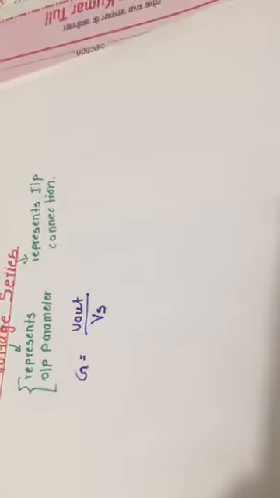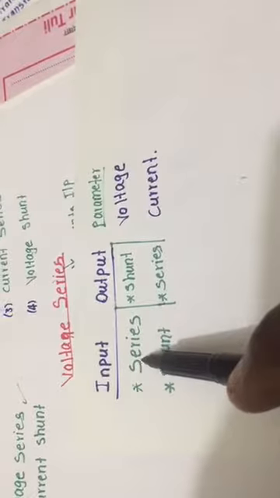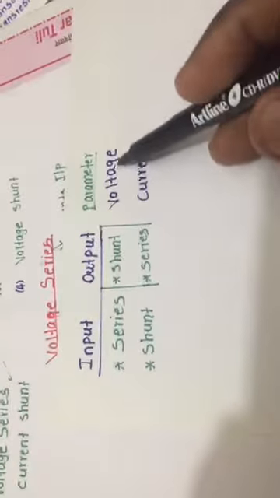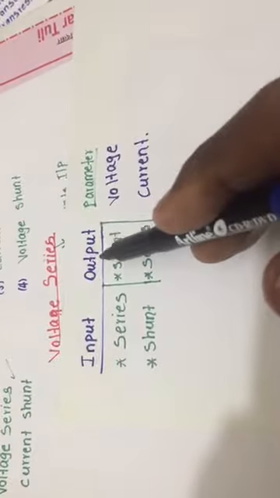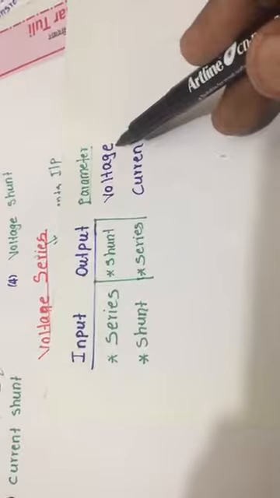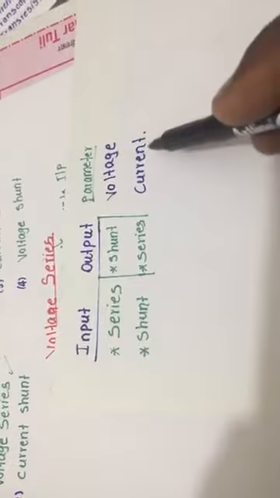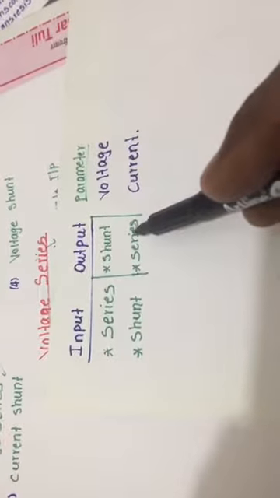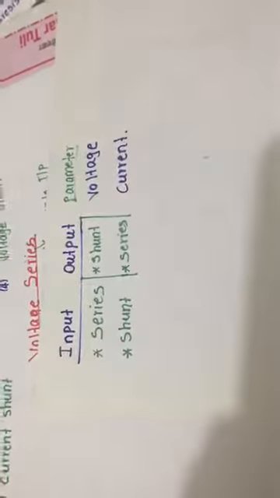In simple form: whenever your input is series, you have a voltage parameter; whenever your output is shunt or parallel, your parameter is also voltage. Whenever your input is shunt, you have a current parameter, and whenever your output is series connection, your parameter will be current.